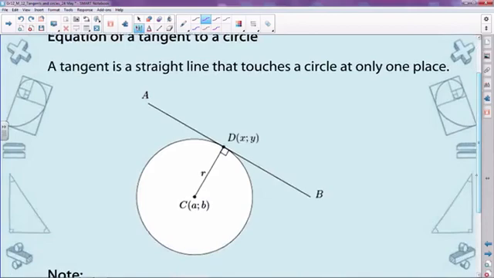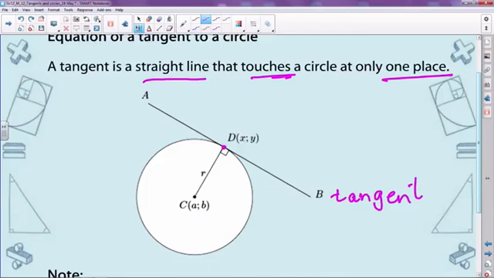So if you forgot, a tangent is a straight line that touches the circle at only one place. Okay, so in your diagram, you can see that AB will be a tangent to circle C because AB touches the circle at one point D with coordinates x, y.